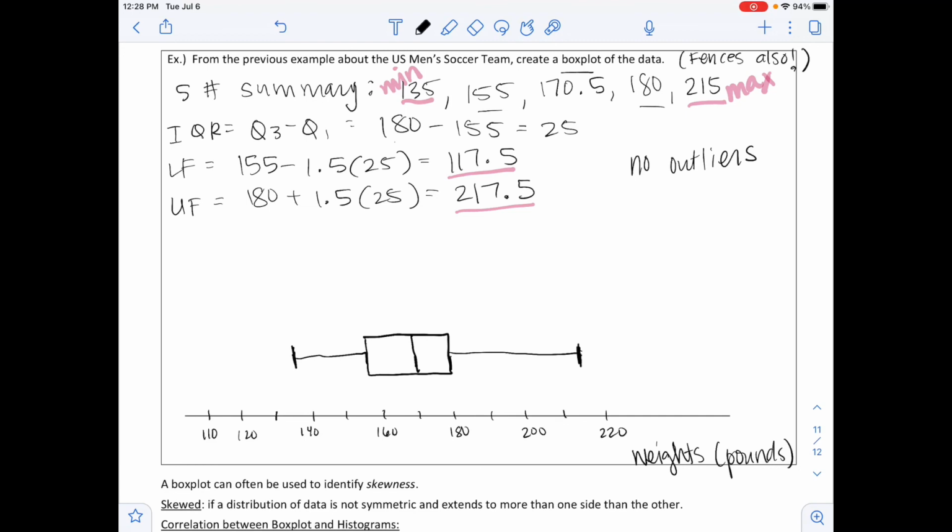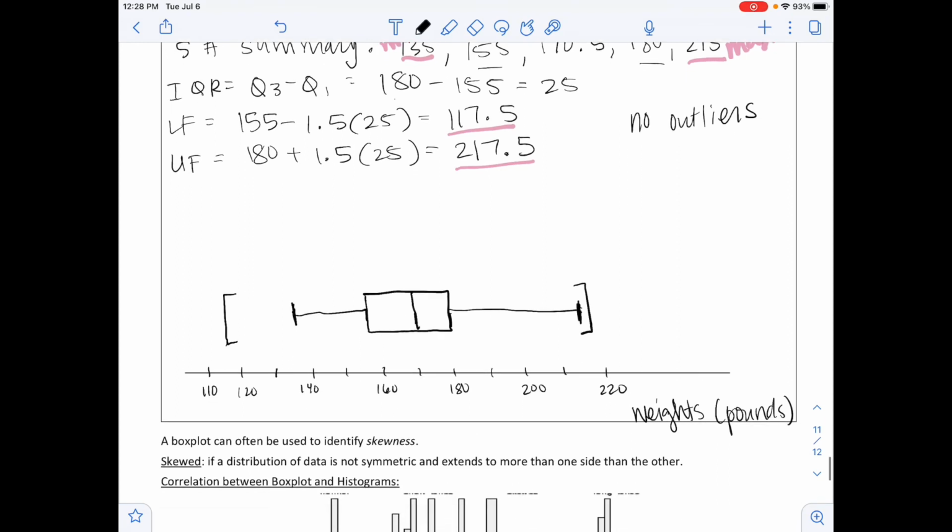So our lower fence is at 117.5. And again, this is our lower fence. And then our upper fence is at 217.5, which is really close to our max value. So this is our box plot, and it also has our fences. And usually when you do a box plot, you also need to find your fences.